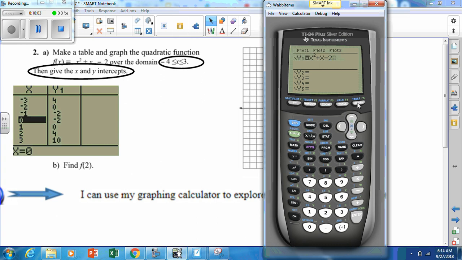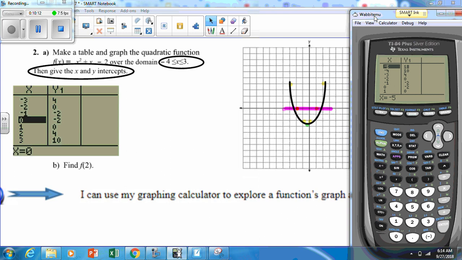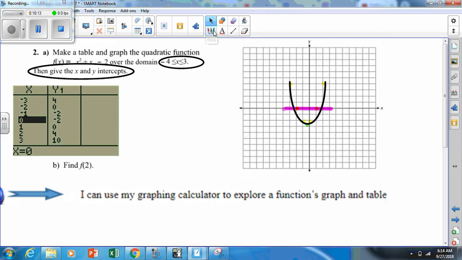It didn't go to 10, so let's just do that now. 2, 3, 4, 1, 2, 3, 4, 5, 6, 7, 8, 9, 10's right there. And 3: 1, 2, 3. 3 will put me at 10 as well. Boom.